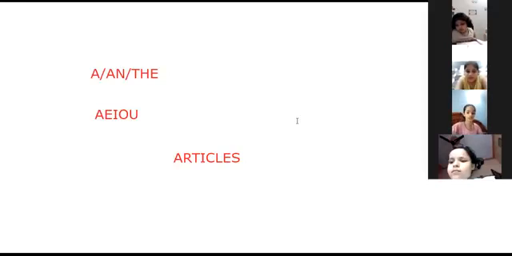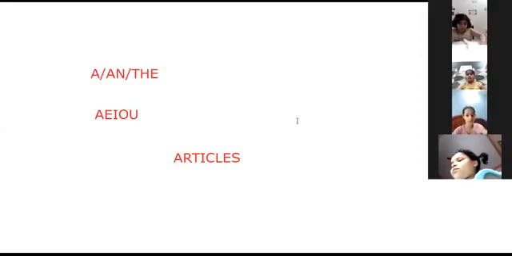In previous class, you have already read about articles. We use the article A before the noun that begins with the consonants.